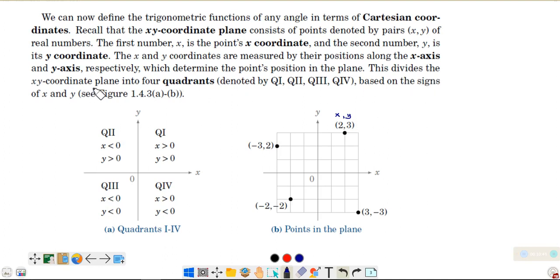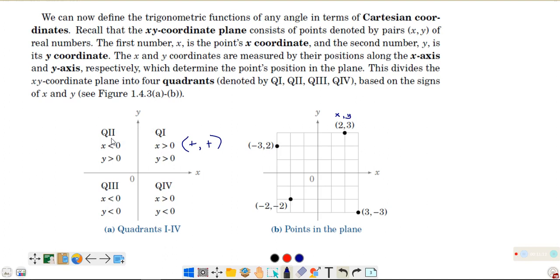This divides the xy coordinate plane into 4 quadrants, denoted by quadrant 1, quadrant 2, quadrant 3, quadrant 4, based on the signs of x and y. So ang position natin ng pagpapangalan ng quadrant ay pa-counterclockwise din. You will start with positive x and positive y. That is the first quadrant.